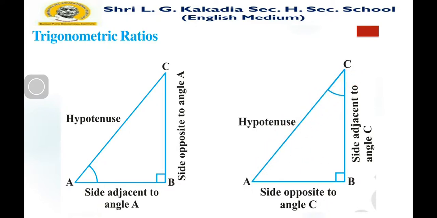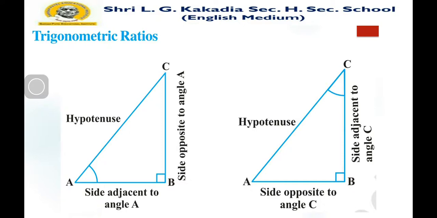So it depends on which angle we take. If we take angle A, then AB will be the adjacent side, and if we take angle C, then BC will be the adjacent side.